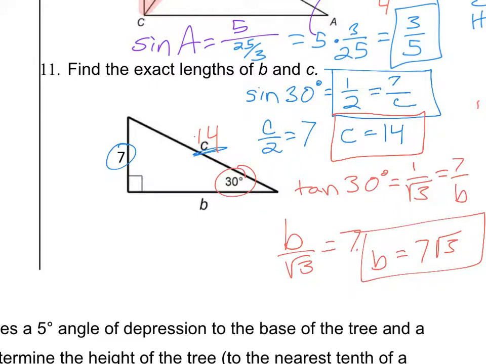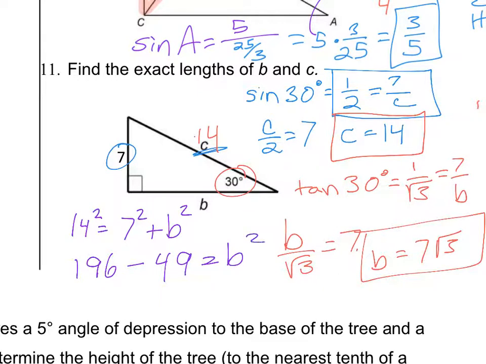Now you could have done this with your Pythagorean theorem, so I'll do that over here. I have 14 squared is equal to 7 squared plus B squared. Okay, so then I have 14 squared, which is 196, minus 7 squared, which is 49, is equal to B squared.